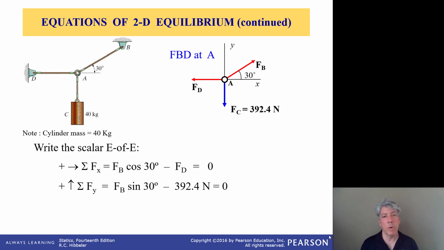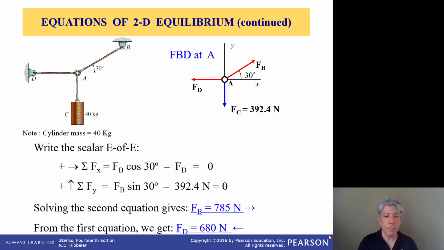You can't solve the sum of forces in the x direction equation first. You've got to solve the second one first, the sum of forces in the y direction, so that you can get FB, and then take FB, plug it into the sum of forces in the x direction equation, and thereby get FD. So solving the second equation gives you FB equals 785 newtons, and from the first equation you get 680 newtons for FD.